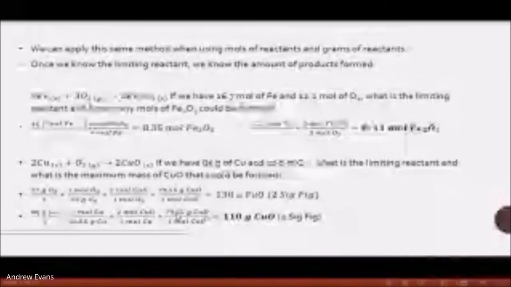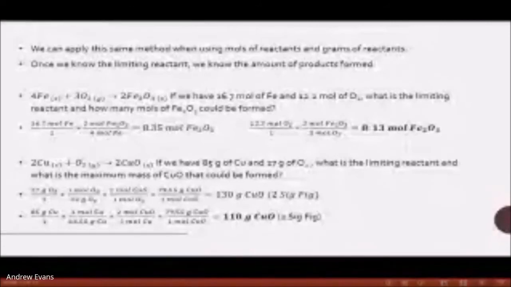And when we convert this from moles back to grams, you get only 110 grams of copper oxide. So even though there's a greater mass of copper, copper is the limiting reagent. And so how much copper oxide could be formed? You would choose the mass of 110.